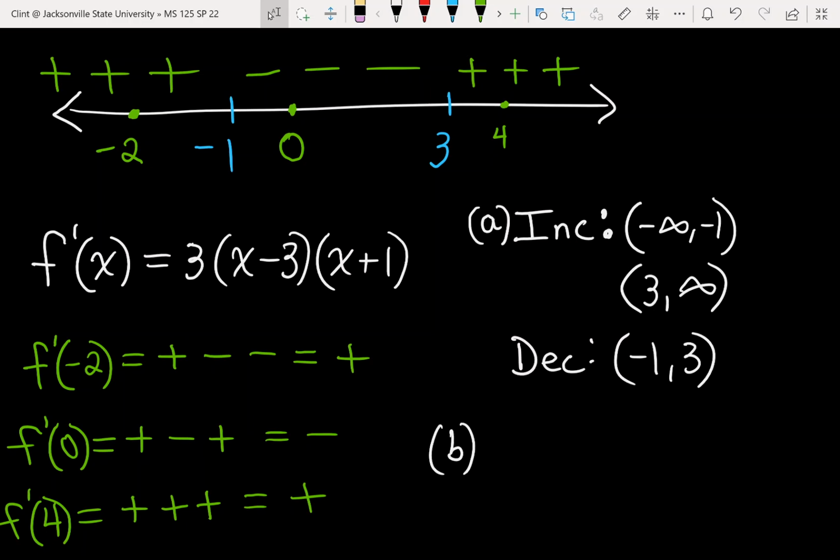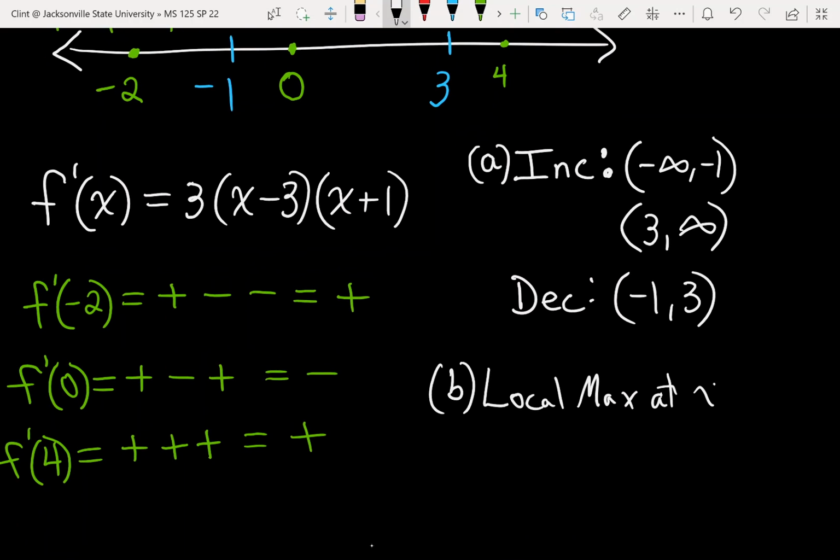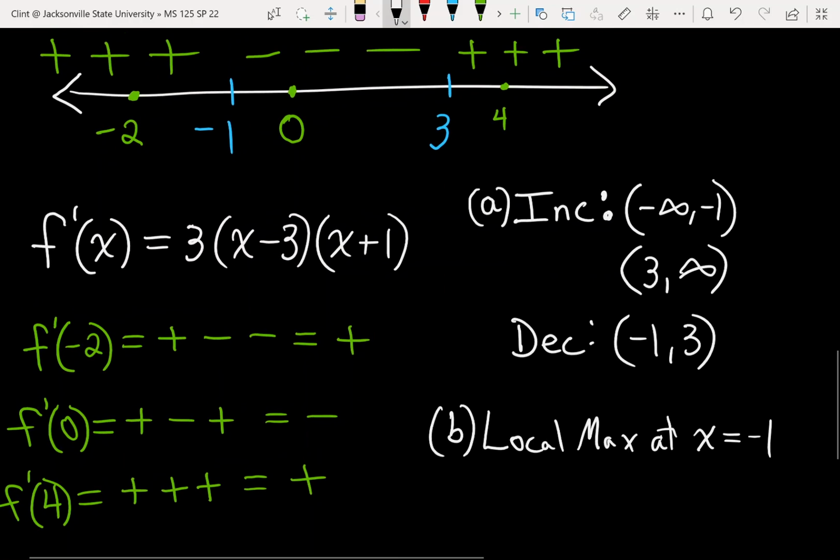So that's a hilltop, so that's a local maximum. Okay. So we have a local maximum at x equals -1.